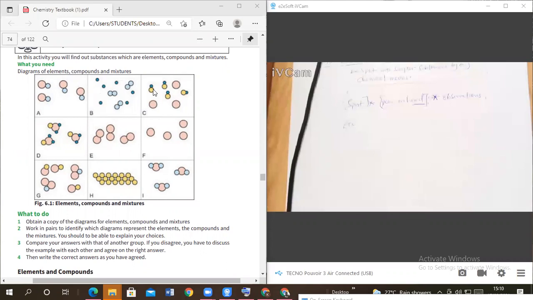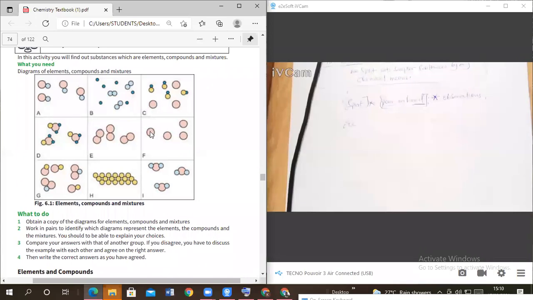Then here we have several things, but they are together in the same box. So these are different things, combined together.